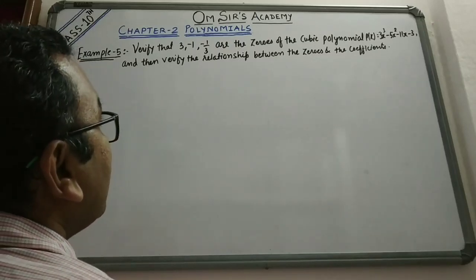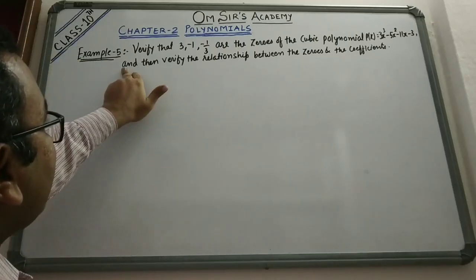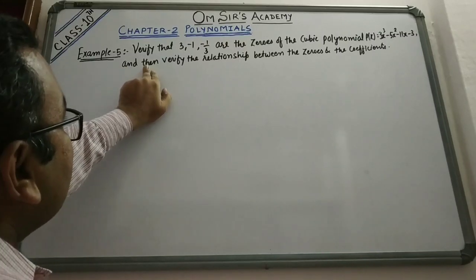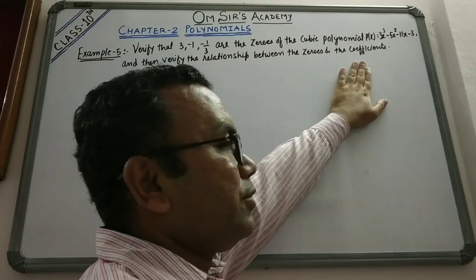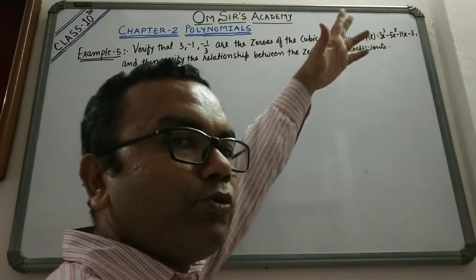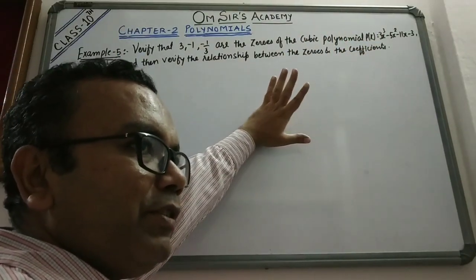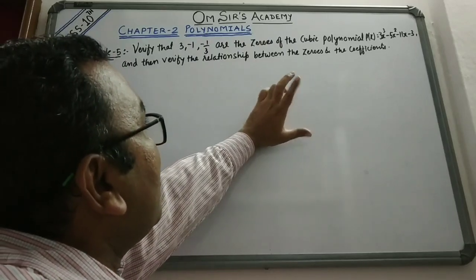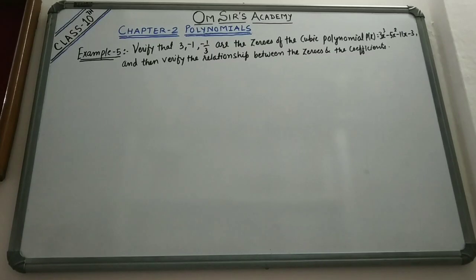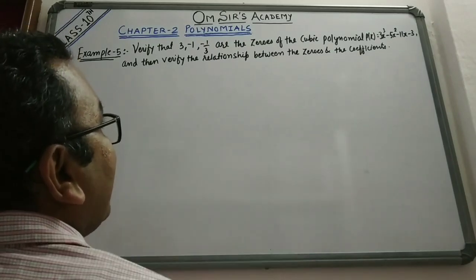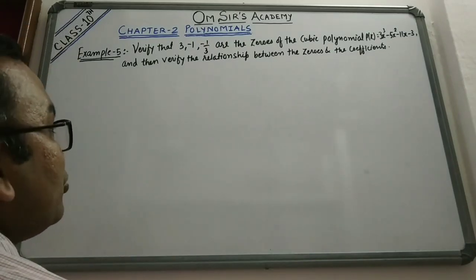Then second, we have to verify the relationship between the zeros and coefficients. In the previous two sums we verified the relationship for quadratic polynomials. Now here we have to verify it in the case of a cubic polynomial.